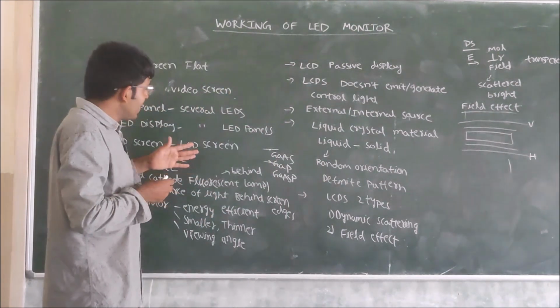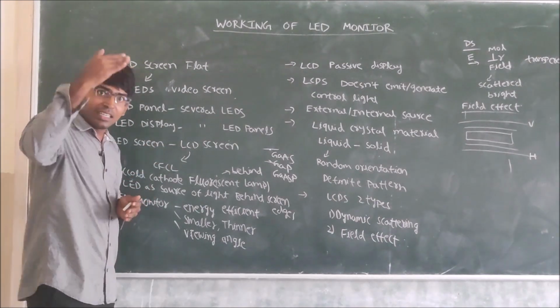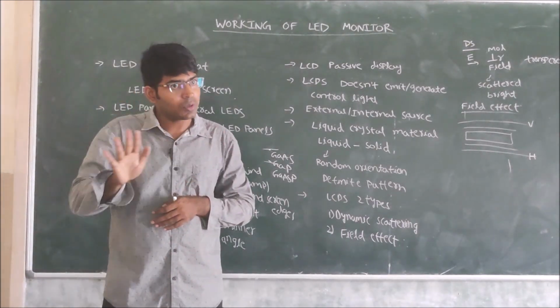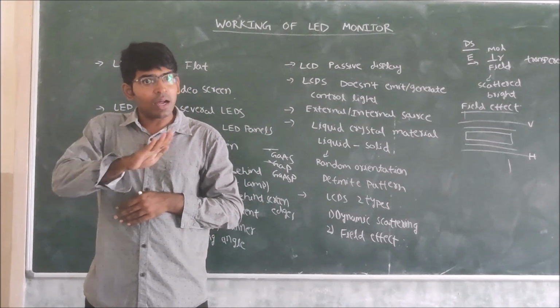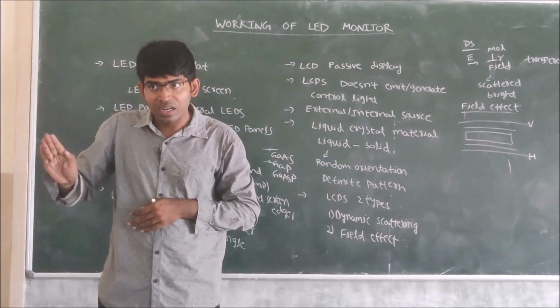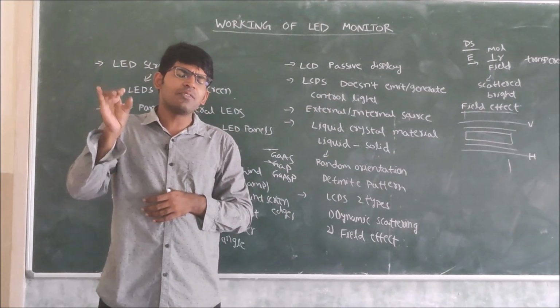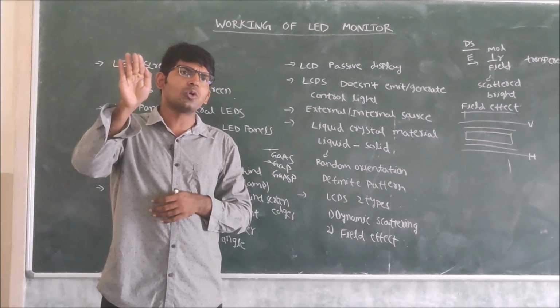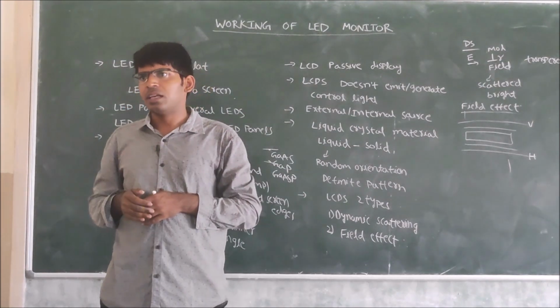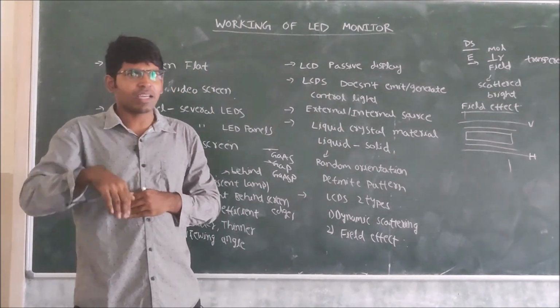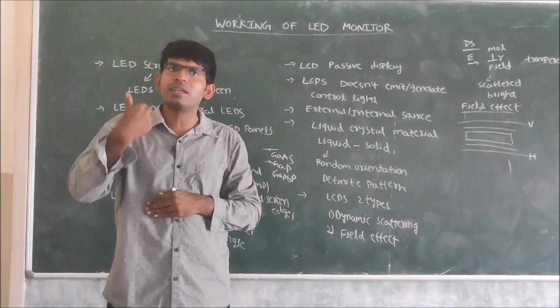But now in the LED screen, the display is LCD, there is no doubt, but behind it we are not using CCFL, we are using LEDs. How do LEDs give us an advantage compared to CCFL? Anyway, the screen is passive, it cannot generate the light and it cannot emit the light.